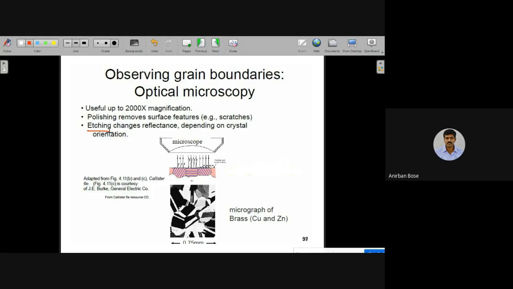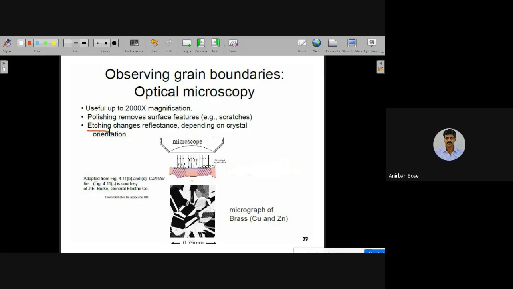Now you see the surface has different grains. And you know that the grain boundary has higher free energy with respect to the grain. So that is why, in the chemical reaction with the etchant and the metal, the grain boundaries react at a particular rate, in a particular fashion, whereas the grains react in a different fashion.